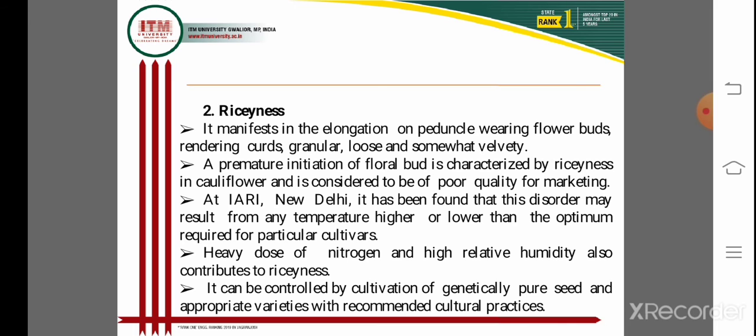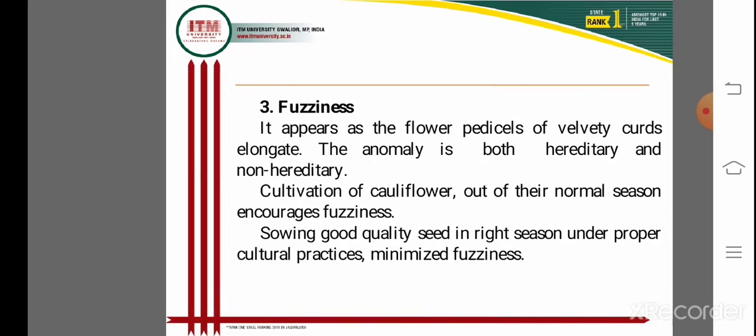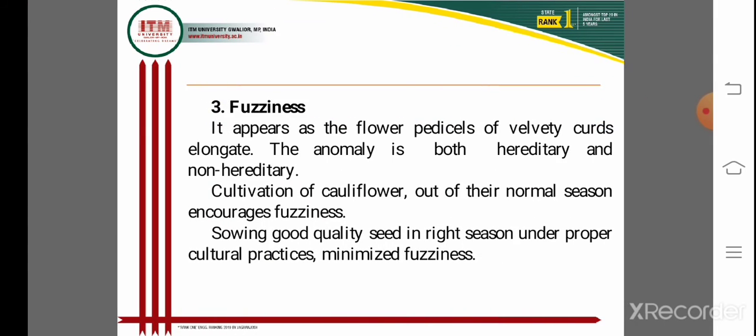It can be controlled by cultivation of genetically pure seeds and by growing appropriate varieties, which are the recommended cultural practices to control this physiological disorder. It is very dangerous as it affects the yields.